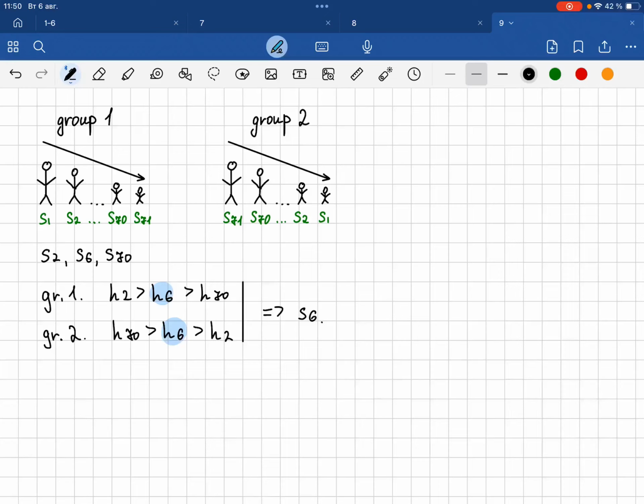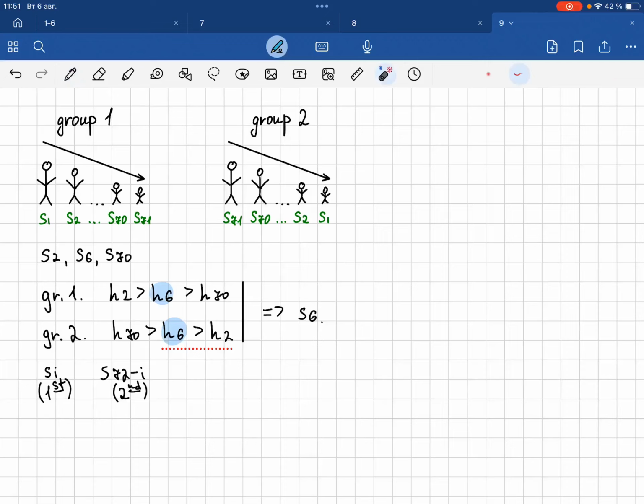Notice that Serg will give the same answers on questions about students with names Si and S72 minus i, from the first and from the second group correspondingly, due to the fact that these two students will be absolutely the same in terms of height.